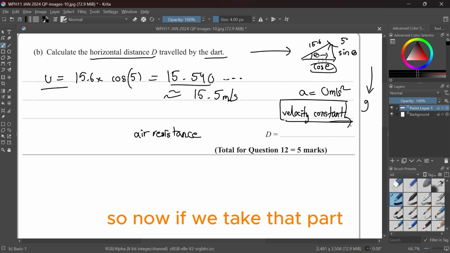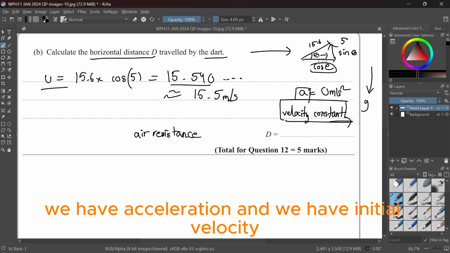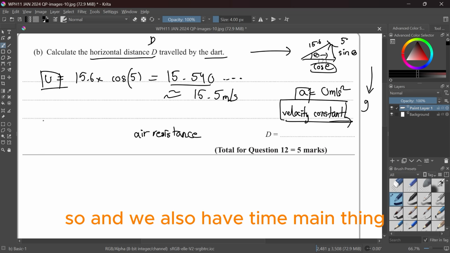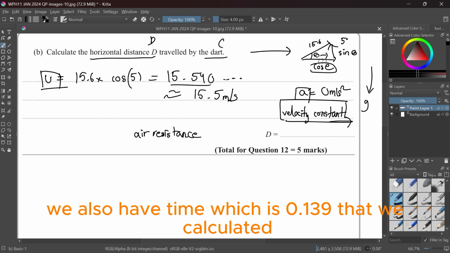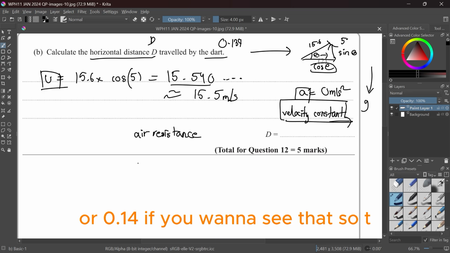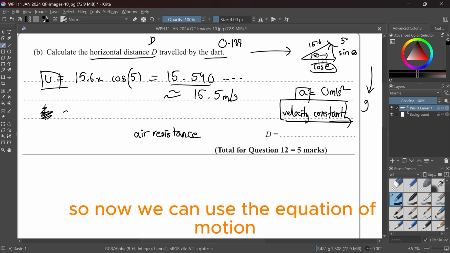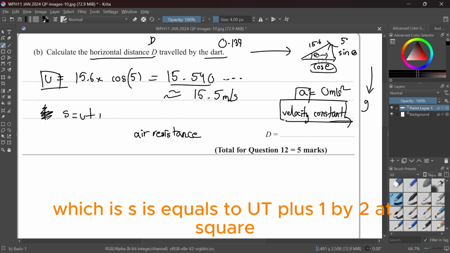Now we have acceleration and we have initial velocity, and we need d. Main thing, we also have time, which is 0.139 that we calculated, or 0.14 if you want. So now we can use the equation of motion s equals ut plus 1 by 2 at squared.